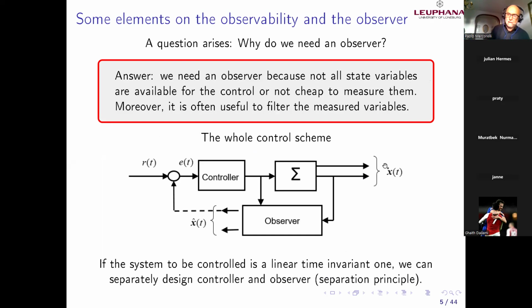some elements on observability and about the observer? We can see in this scheme a system, a real system, indicated in an abstract form with this capitalized sigma. I tried to explain last time that I measure a part of the state vector.